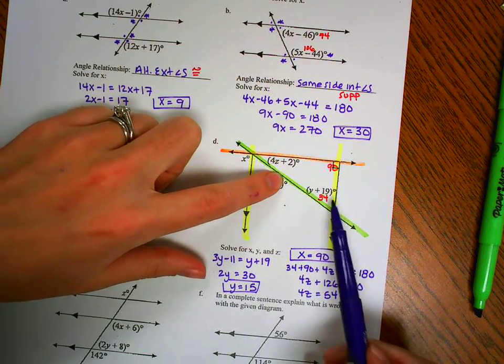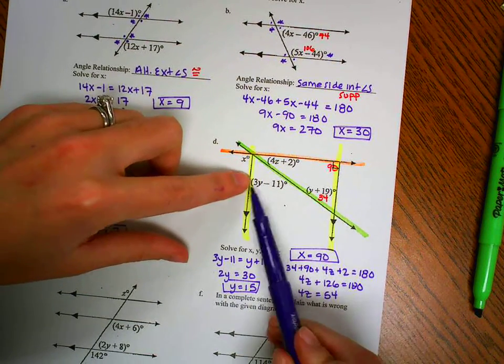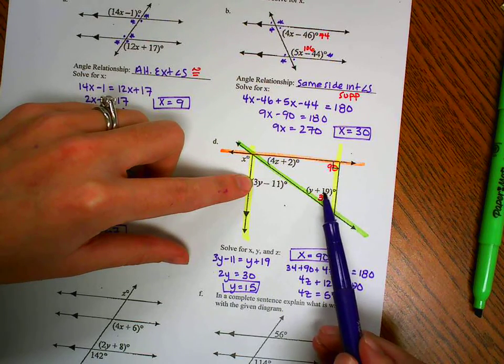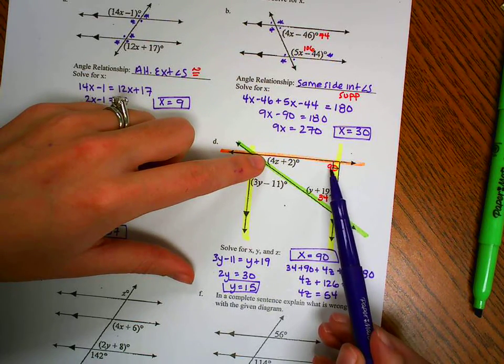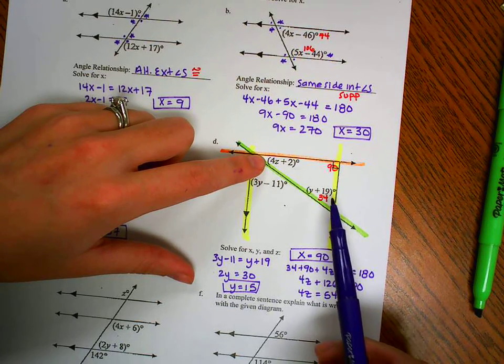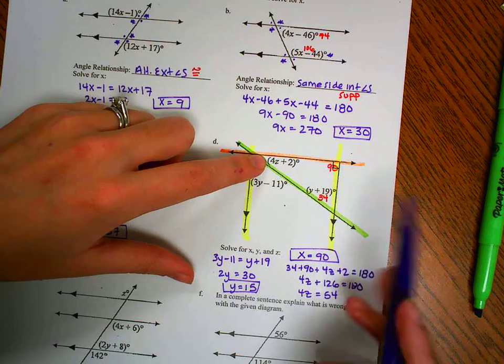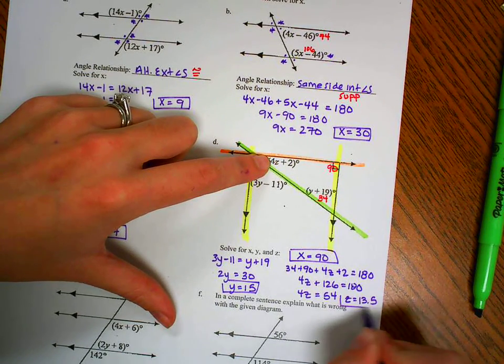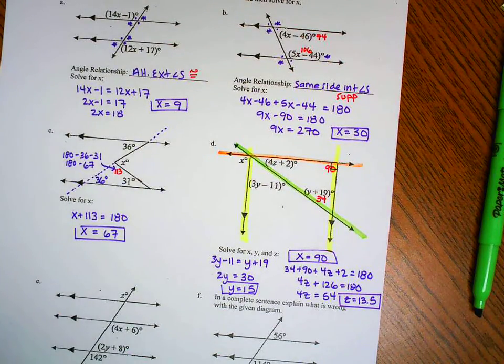So we've got 15 went in here. So 45 minus 11, 34, yeah, that's good. 34 plus 90, 54. Yeah, I think that does look good. So z equals 13.5. Good, those are our three answers.